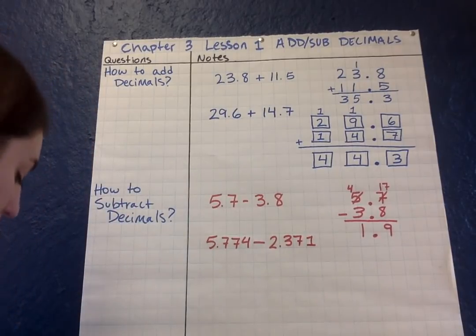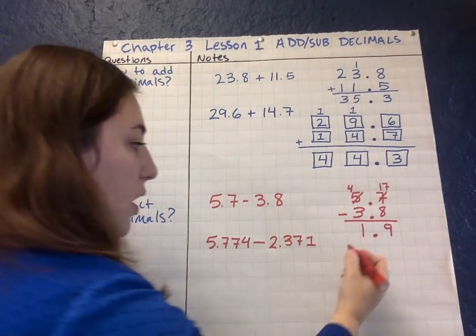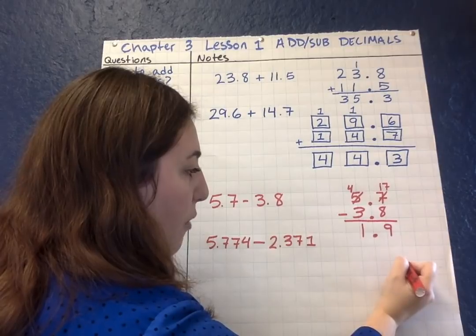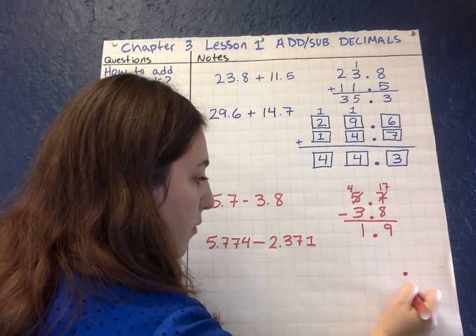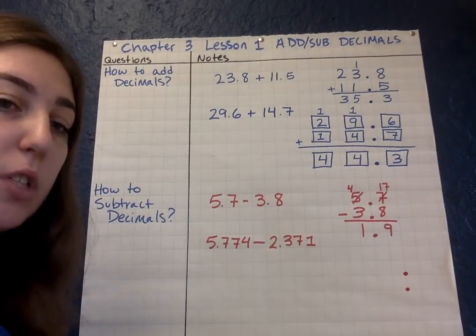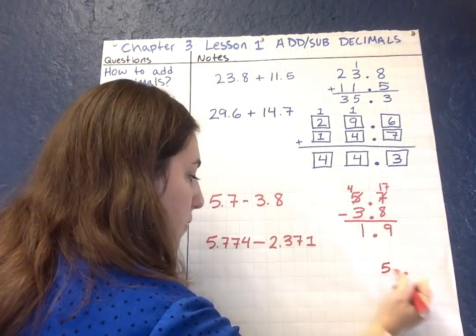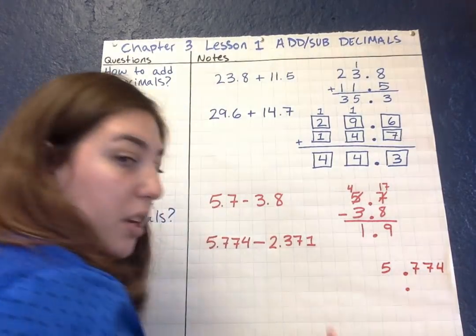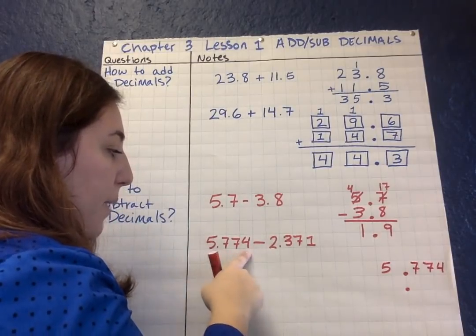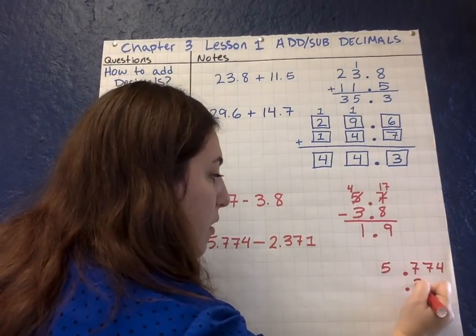Okay? I'm going to line this up correctly. I want to put my decimal right here. Okay, so if you want, that's the first thing you can do. Place your decimals. I'm going to make sure I put all the numbers behind my decimal, so 774 and then 371.